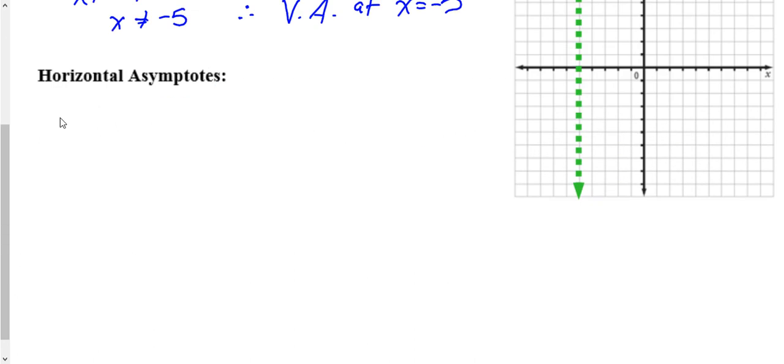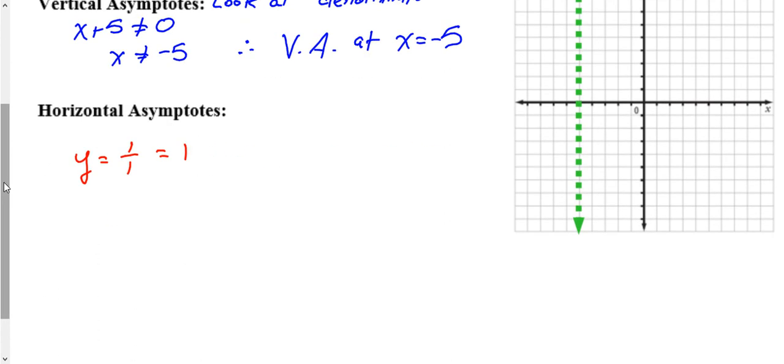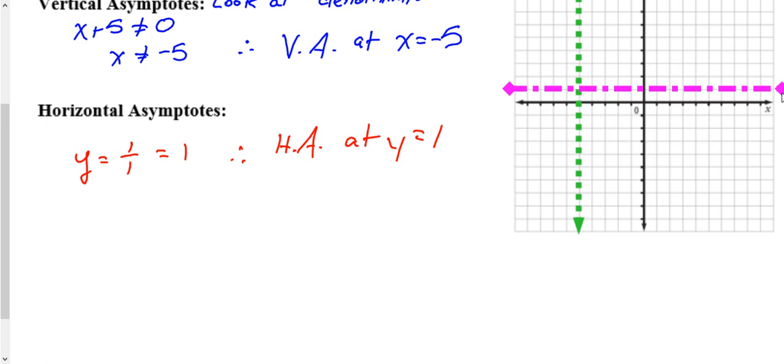So y is equal to 1 over 1, which is just 1. Therefore we have a horizontal asymptote at y equals 1. I'm going to find where y equals 1 is on my grid and draw a dotted line right through, denoting that it's a horizontal asymptote.